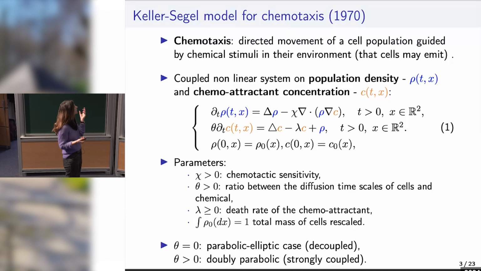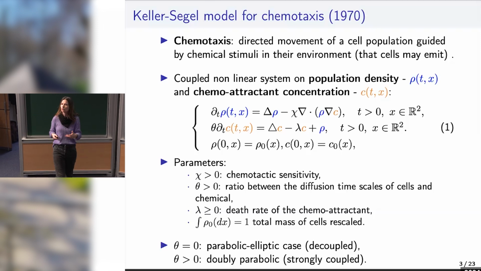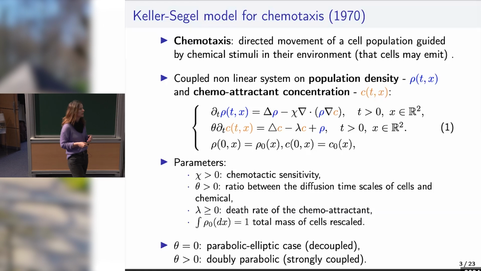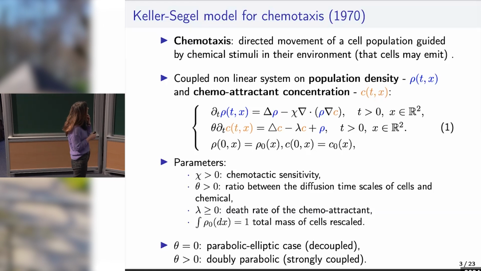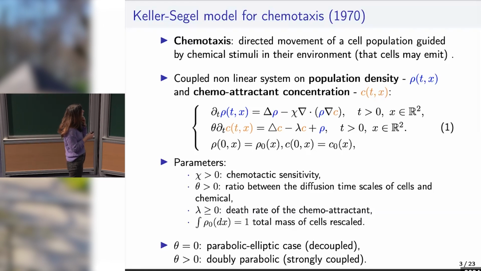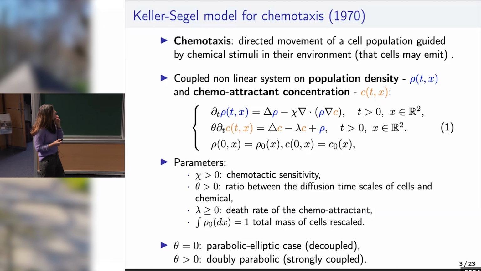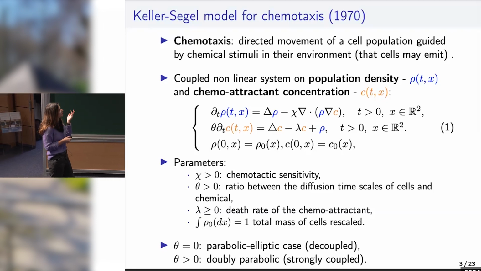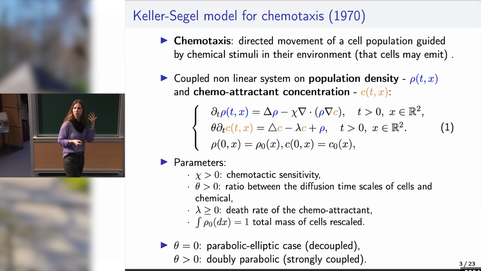Then there is no reason for these two to diffuse with the same coefficients, so you can rescale this. The ratio between the two scales of the diffusion is here. And then everything else, well, this can be 0. On the first read, we can even set it to 0.